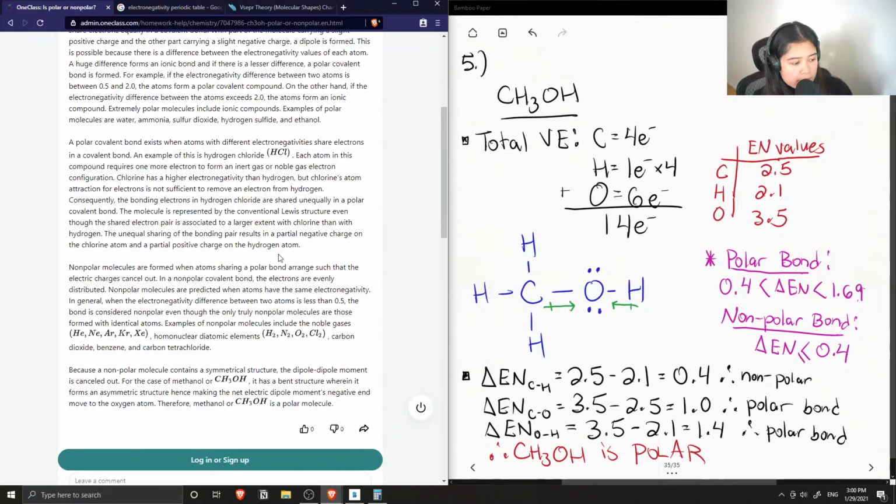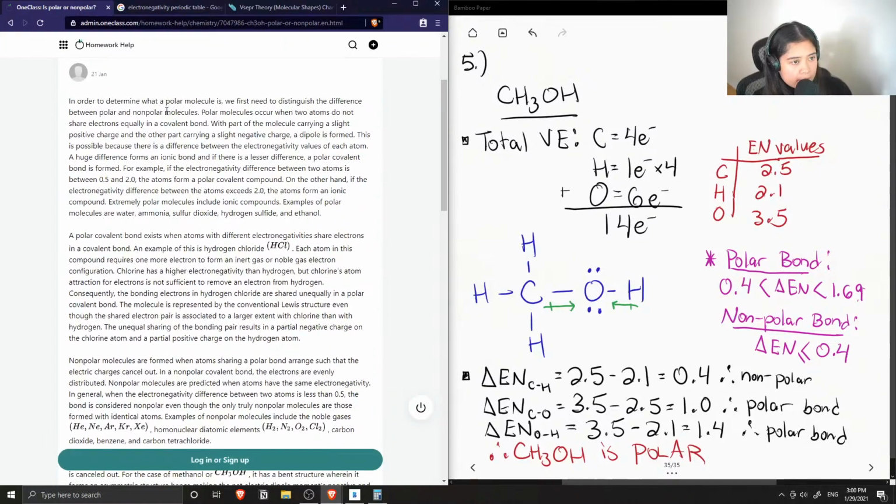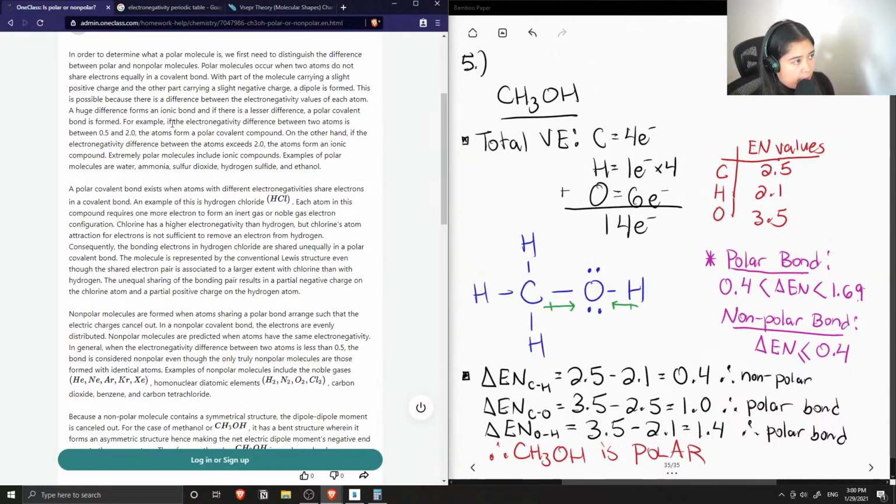Okay, so the junior tutor has a pretty lengthy description, so let me just try to graze through it. They describe the difference between polar molecules and nonpolar molecules, and how you can find the electronegativity difference between the two atoms.